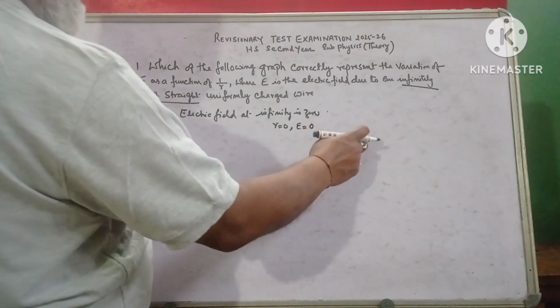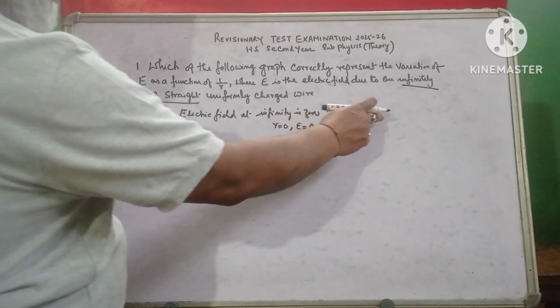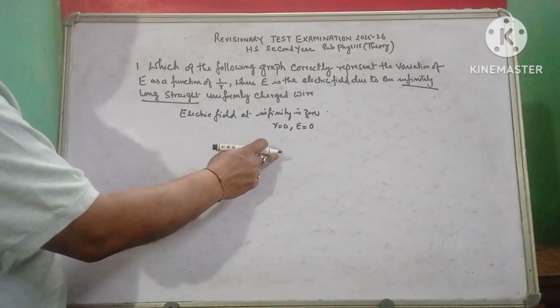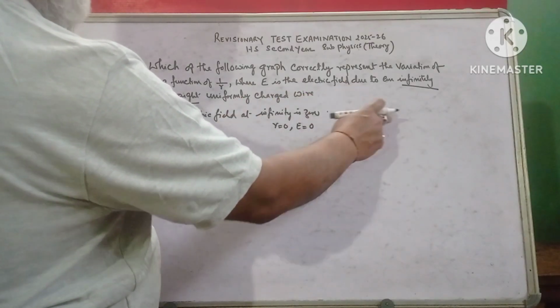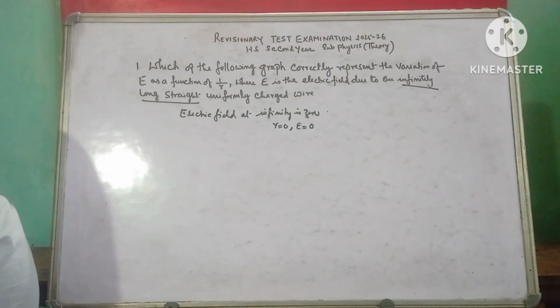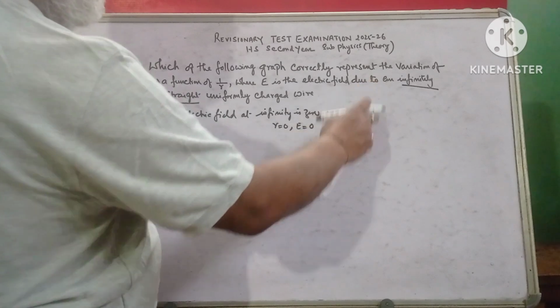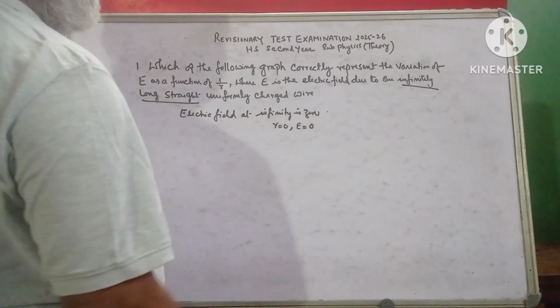So we are considering that we are coming from infinity, because we know that at infinity the electric field is zero. That is considered as the initial point, so for r equal to zero, E is equal to zero.